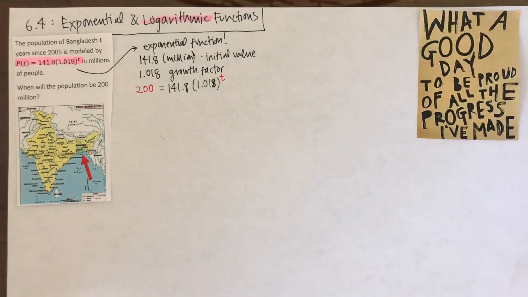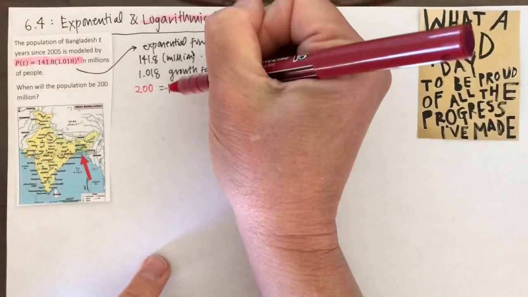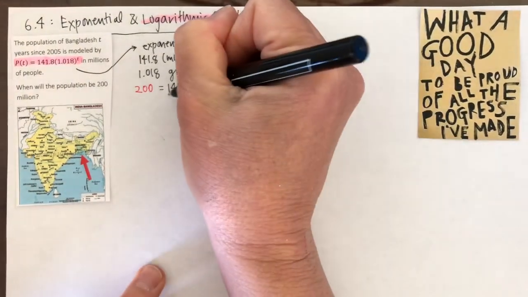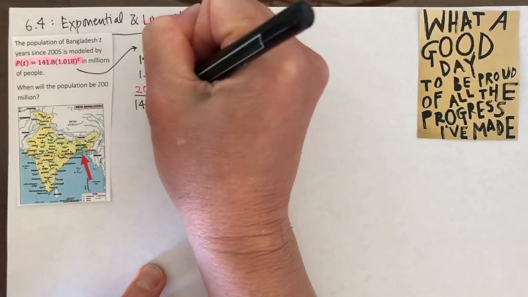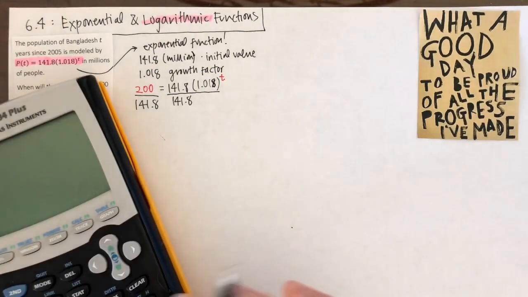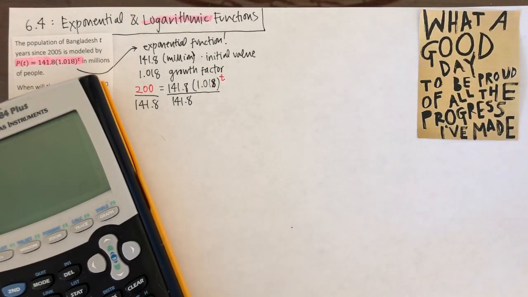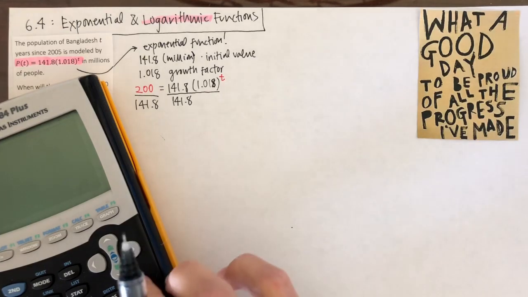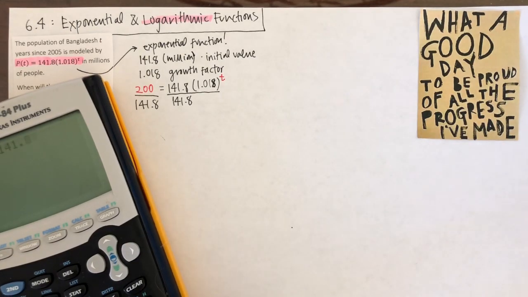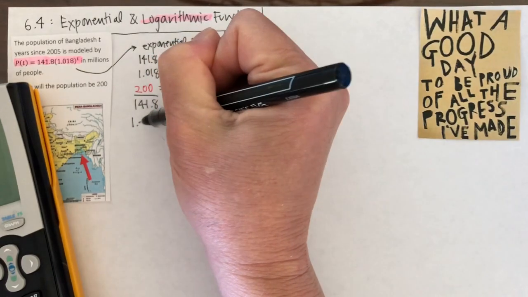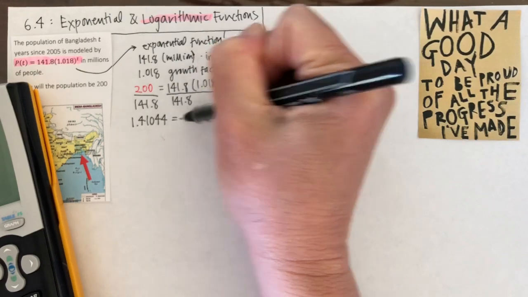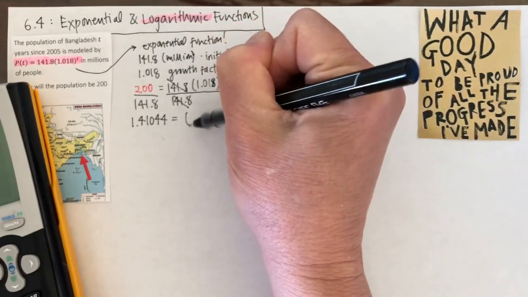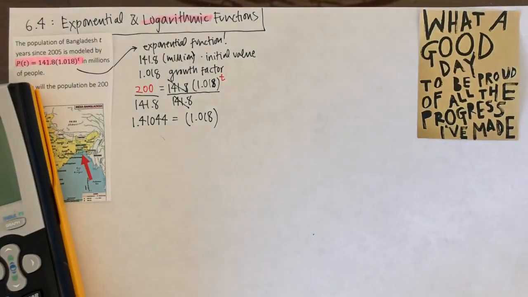We want to isolate the variable, so a good place to start would be to divide both sides by 141.8. So 200 divided by 141.8 gives us about 1.41044, we'll round. And these cancel. We're left with 1.018 to the t.